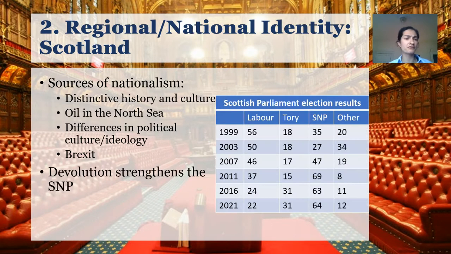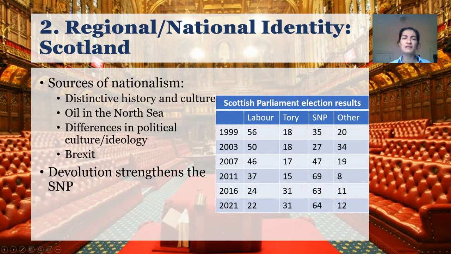On a more technical level, devolution, that process of handing more authority to elected regional legislatures that started under Tony Blair, has effectively resulted in strengthening the Scottish National Party, which is the largest organized political group that calls for Scottish independence. So in the first two regional elections for the Scottish Parliament, the Labour Party dominated, and that makes sense given what we know about the difference in political ideology in Scotland.